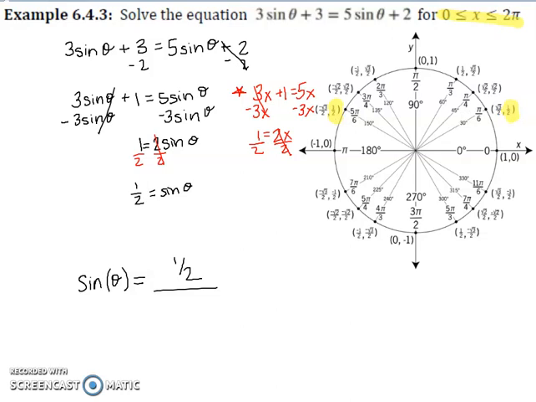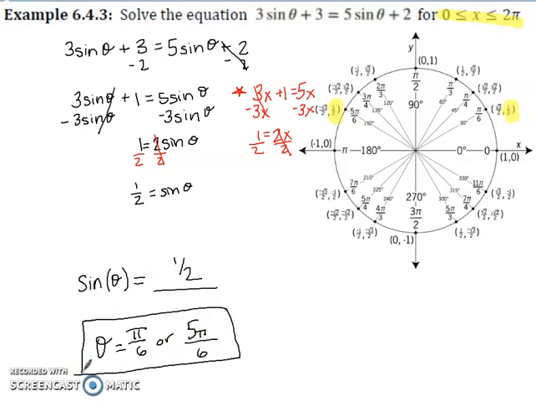Since we're restricted to the 0 to 2 pi interval, those are the only 2 answers that I'm looking for. So theta equals pi over 6 or 5 pi over 6. So we simplified our equation as far as we could to solve for our sine of theta, and then from there, we solve for theta by using our unit circle.